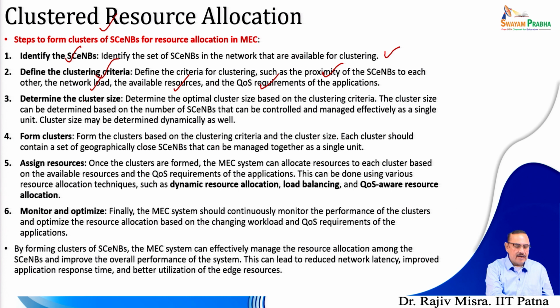Third is to determine the optimal cluster size based on the clustering criteria. The cluster size can be determined based on the number of SCENBs that can be controlled and managed effectively as a single unit. So, the cluster size may be determined dynamically as well. Then form the clusters based on the clustering criteria and cluster size. Each cluster should contain the set of geographically close SCENBs that can be managed together as a single unit.